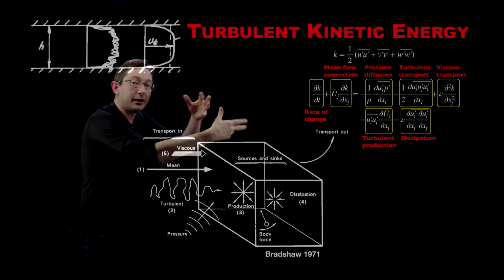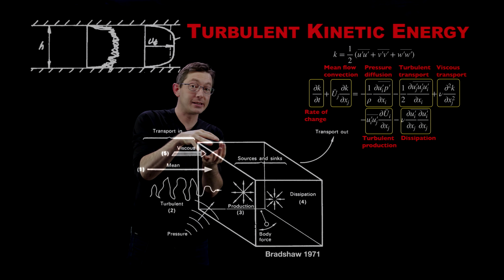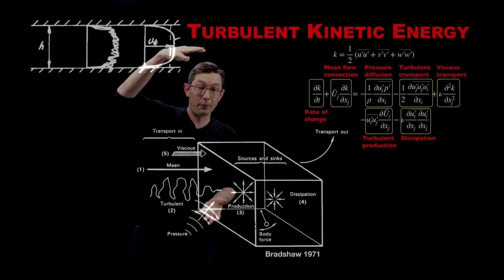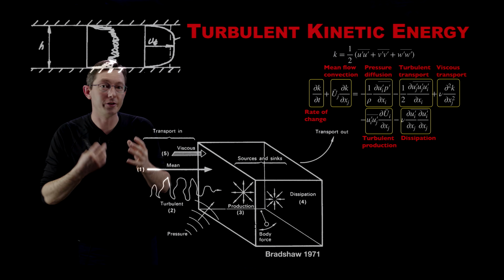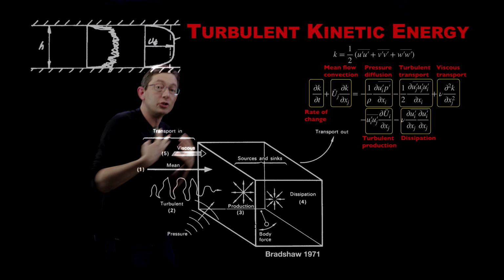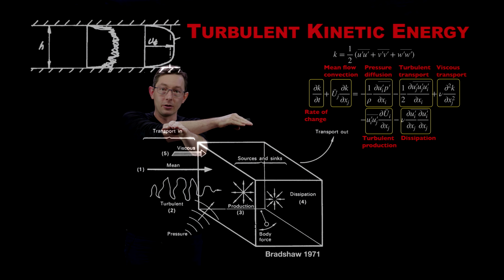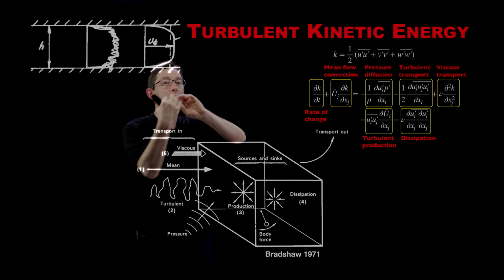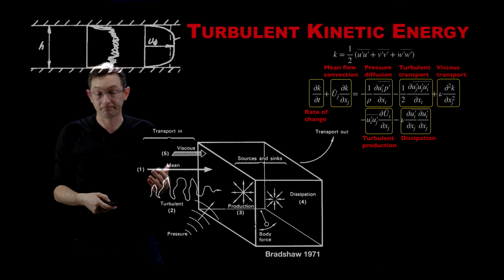That's going to drive the development of lots of turbulence. It's going to pump energy into the turbulent scales from this big mean flow. And so for me, this has been very useful conceptually to understand what types of features in a turbulent flow drive the small scale turbulence. So anytime the flow separates over your wing and creates a shear layer, you know it's going to be driving lots of turbulent energy production.